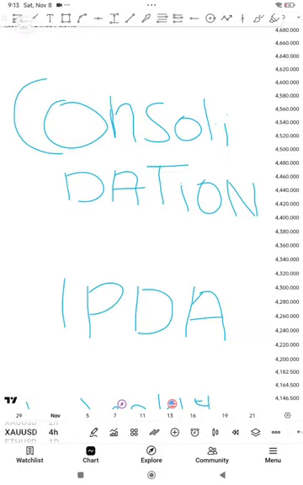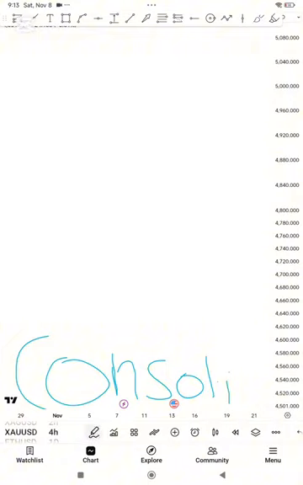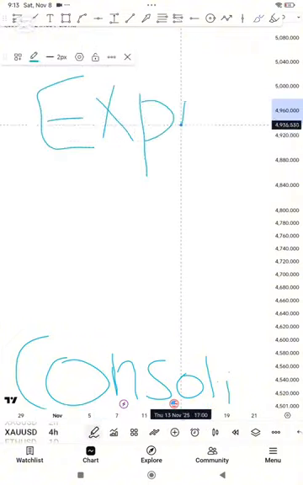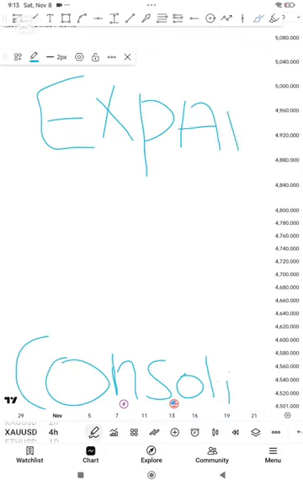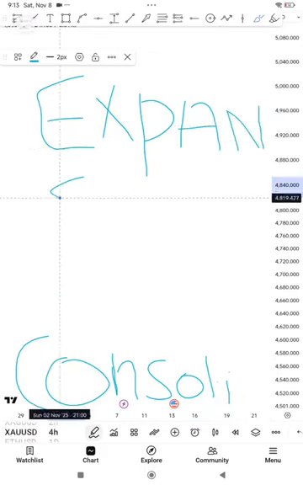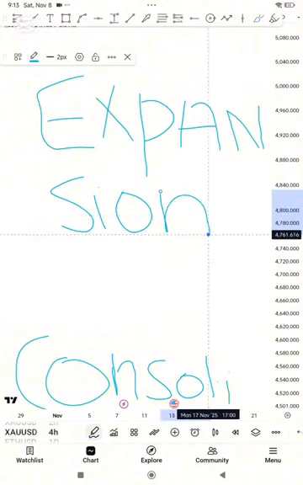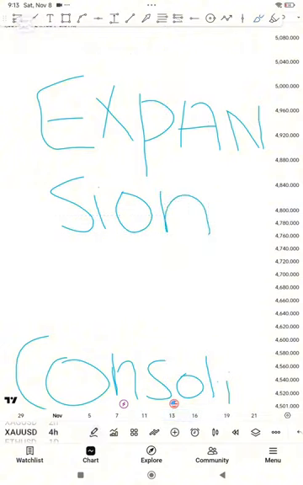Now after this consolidation, the second phase is called expansion. Expansion, this is the second phase. So after collecting enough orders from both sides, the market chooses its direction following the higher time frame order flow.